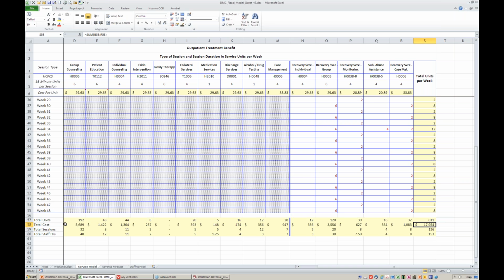So the total for each one of these types of service, each one of these HCPCS codes, adds up to 17,954. And that's actually the amount of money that you would traditionally think about bringing in if you provide 611 services. The revenue that you generate is $17,954.